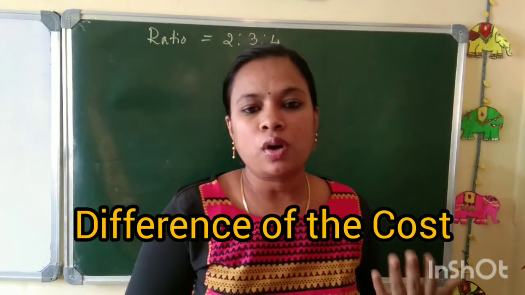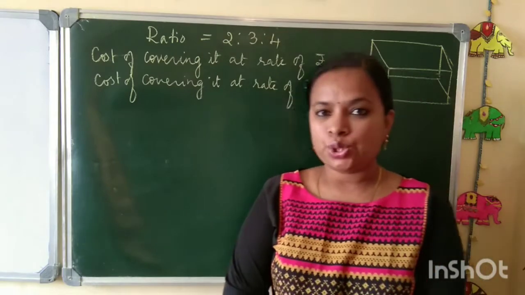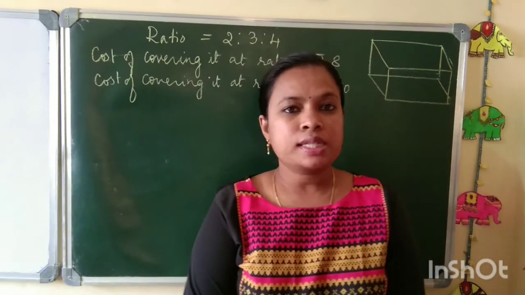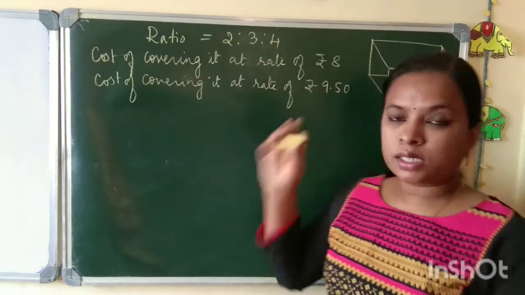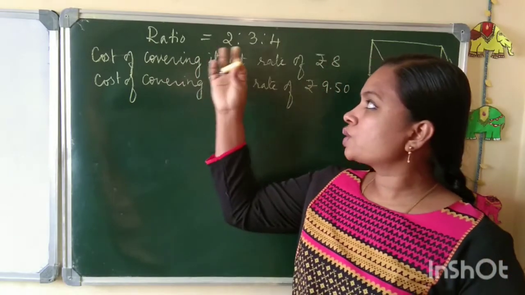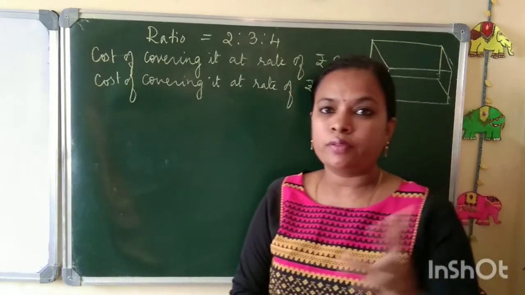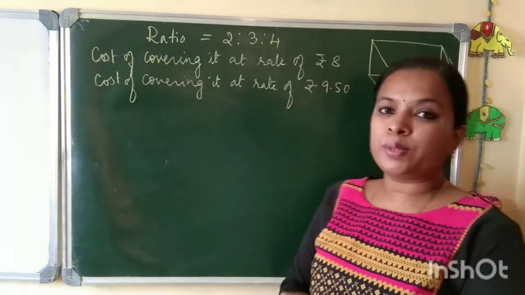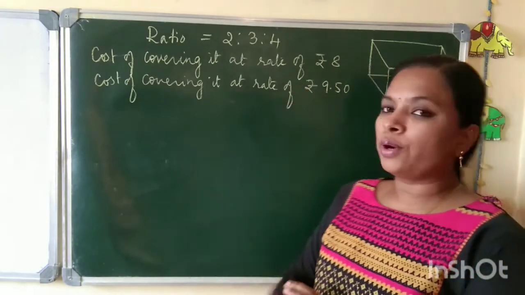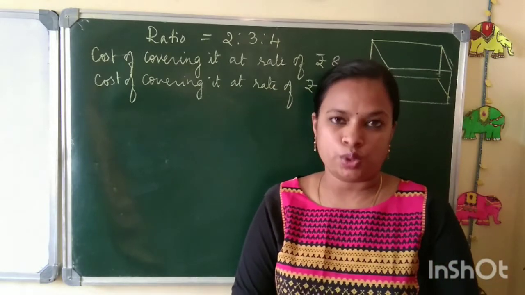What's the difference of the cost, children? So now we will see how to solve this question. Whatever is given in the question, I have just written it down here. The ratio is 2:3:4 and the cost of covering it, they have given two different values. It is at rupees 8 and at rupees 9.50 and the difference between these two is also given.